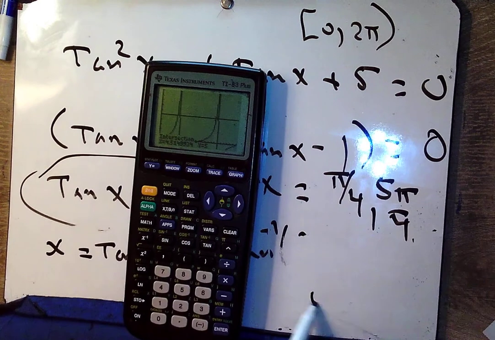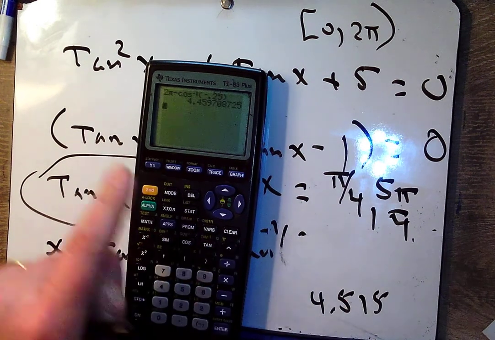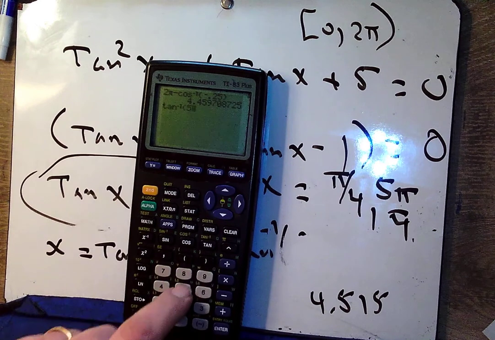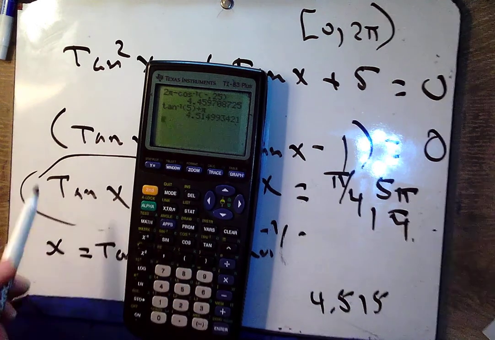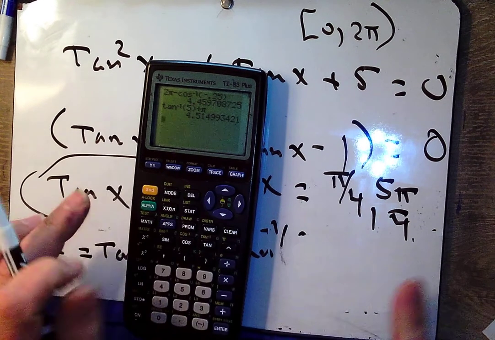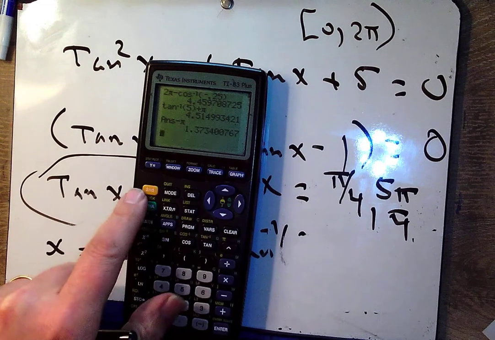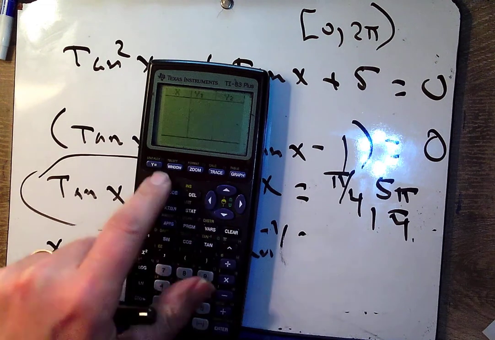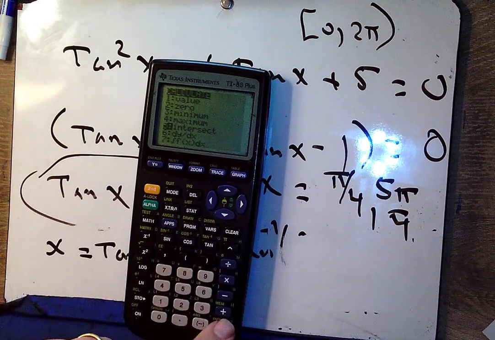Okay, now just to check, what if I said inverse tangent of 5 plus pi? Not bad. Same. Okay. And so if I take this and subtract 5, yep, that's my other answer. And let's confirm it on the graph. Second, calculate intersect.